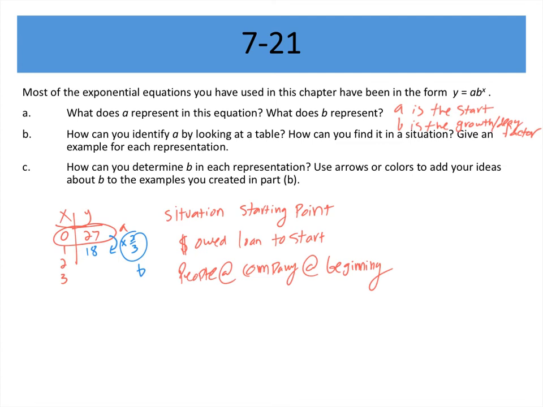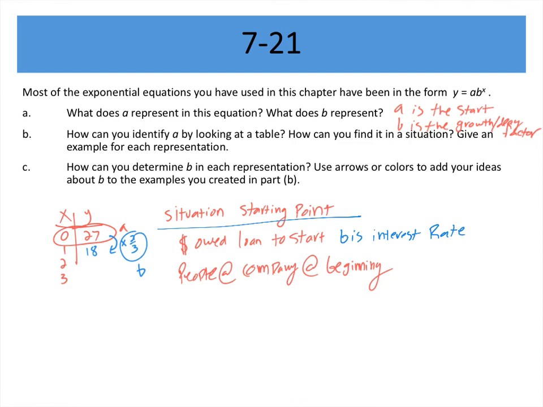So B for this representation is the thing that I'm multiplying by, and if A is the money I owed at the start, the B is the interest rate.